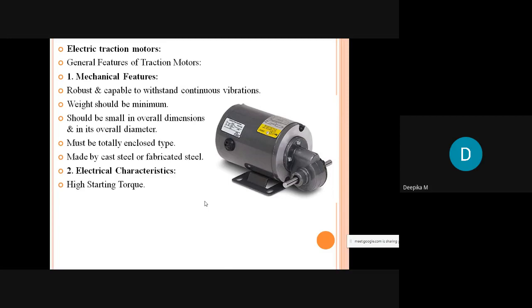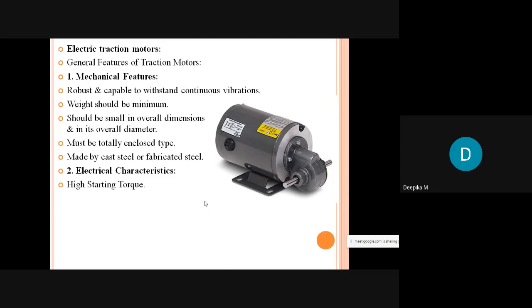While moving, it has to overcome the inertia force. Also, the weight on the traction system will be very high, because there will be the passenger weight and the whole system weight. So it should be capable of withstanding all the weight, and it has to move on.